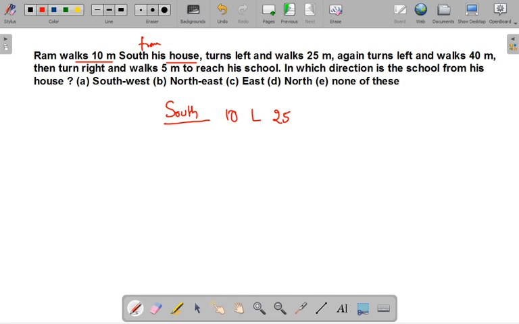Again turns left, walks 40 meters. Turns right, walks 5 meters to reach his school. In which direction is the school from his house? So basically they are asking only the direction with respect to the starting point.